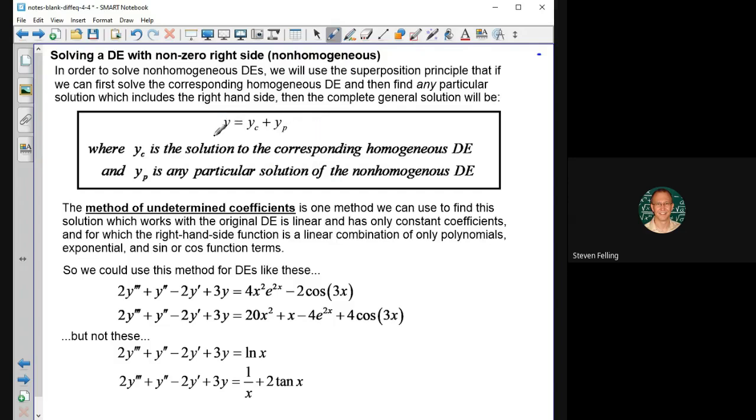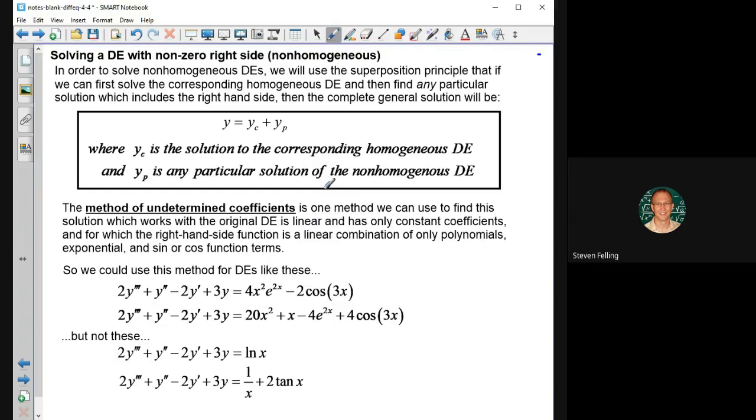So the general solution is a sum of a solution of the corresponding homogeneous differential equation plus any particular solution of the non-homogeneous differential equation. Okay, so this method of undetermined coefficients we're learning in 4.4 is a good method we can use to find this particular solution.